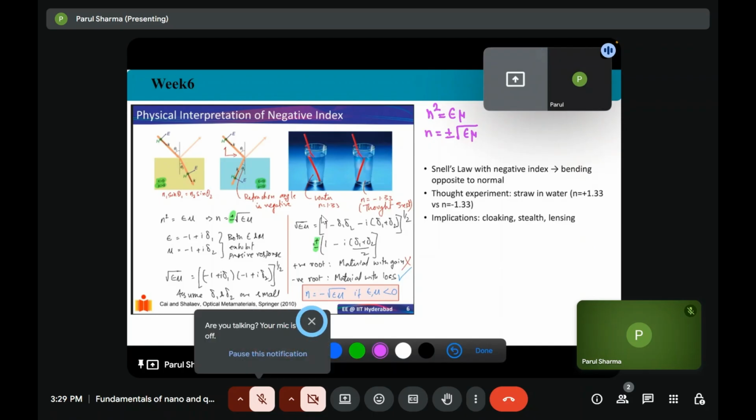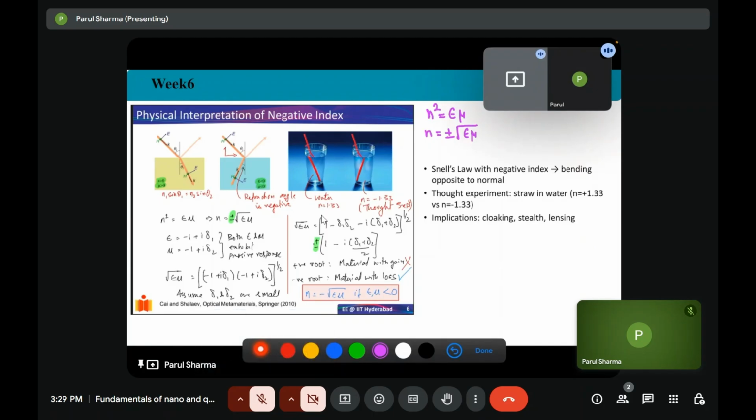So how can we define the bending away from the normal? We know that momentum has to be conserved at the interface. So the tangential component is going to be continuous, and then the overall wave vector has to be opposite.